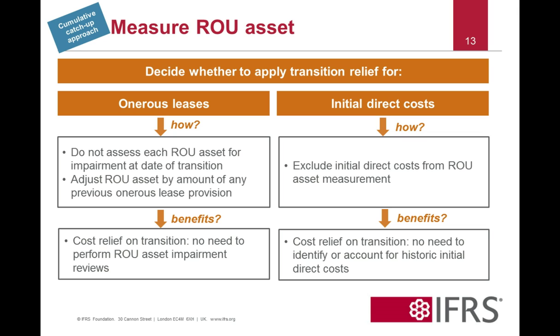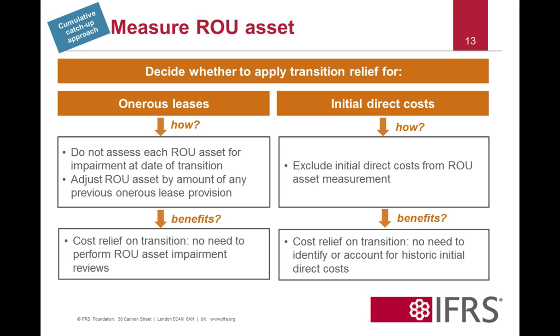The final transition relief permitted by IFRS 16, shown on the right-hand side of this slide, relates to initial direct costs. These are incremental costs of obtaining a lease that an entity would not incur if the lease wasn't obtained. So an example would be something like payments to a previous tenant to vacate a leased property.